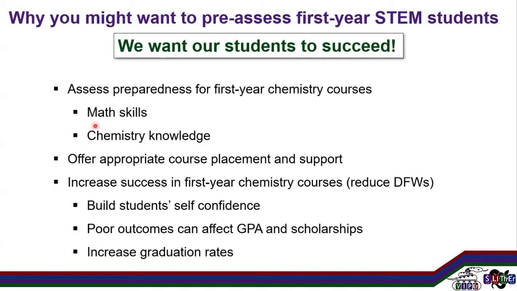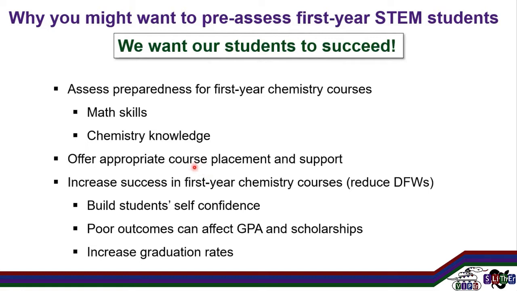People want to know what math skills students have coming in. The idea is that we want to know where students are coming from and meet them there, and then offer appropriate course placement and support to help them reach their goals.